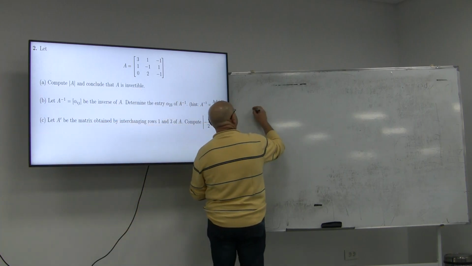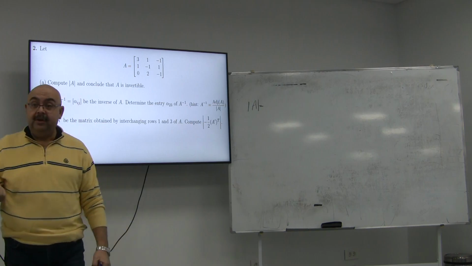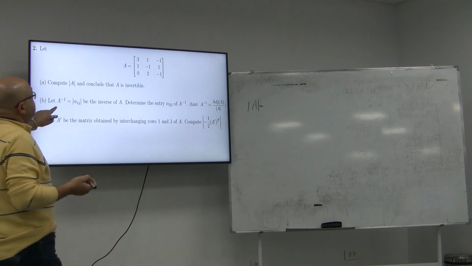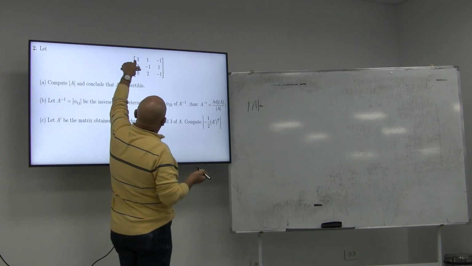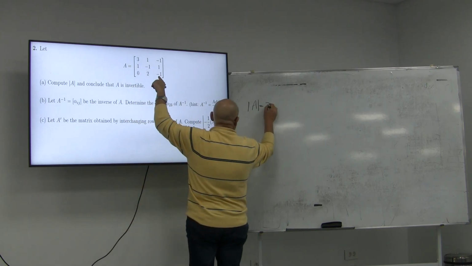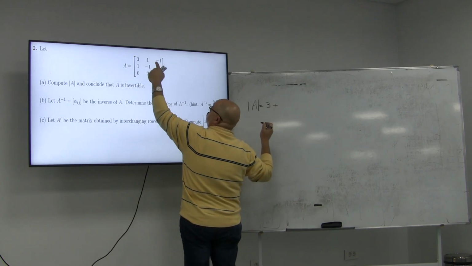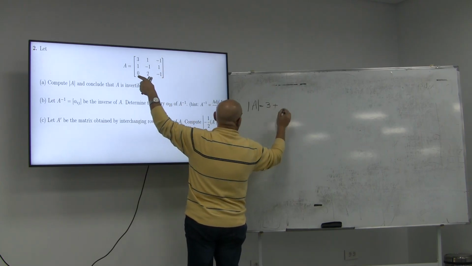Someone tell me how to get the determinant of A. The determinant of A is going to equal, we can use Sarrus' rule. So it's 3 times -1 times -1, which is the principal diagonal, so it's positive 3. Then plus, I take these two numbers, 1 times 1 times 0, which equals 0.